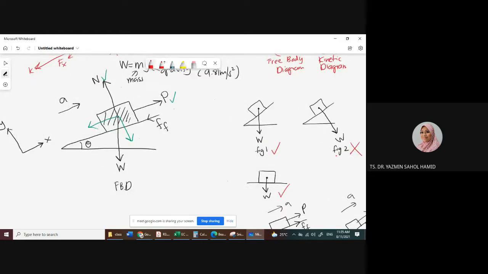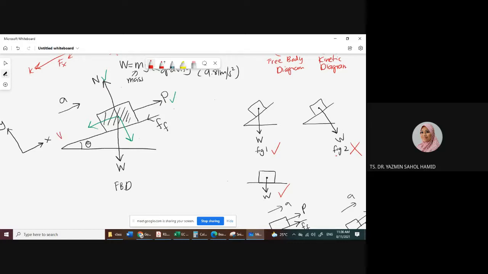So when you resolve it in that direction, in the horizontal direction, will it be W sin theta or will it be W cos theta? W sin theta. How do you know?